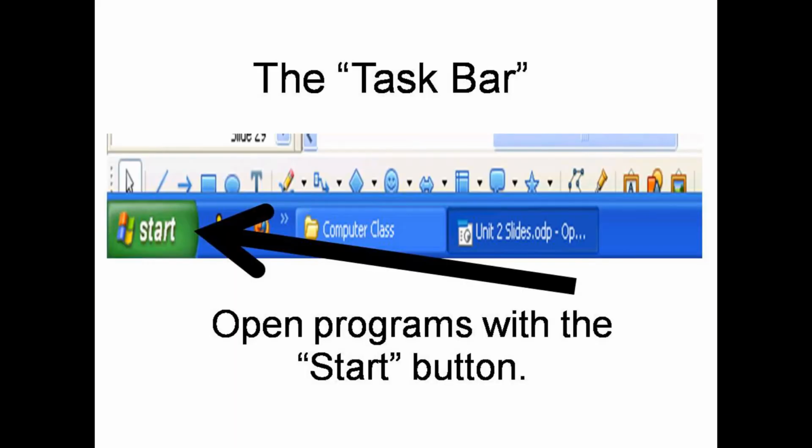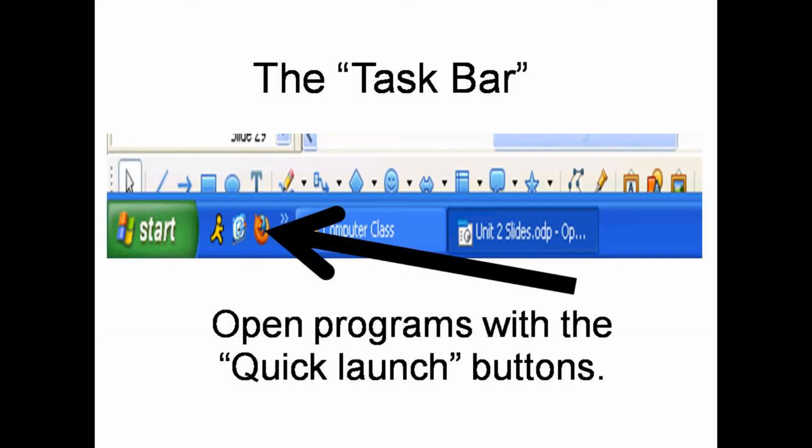The taskbar on the bottom, to start with, on the far left is the start button. The start button will allow you to gain access to all of the programs that are installed on your computer and be able to open them by a selection of your mouse.